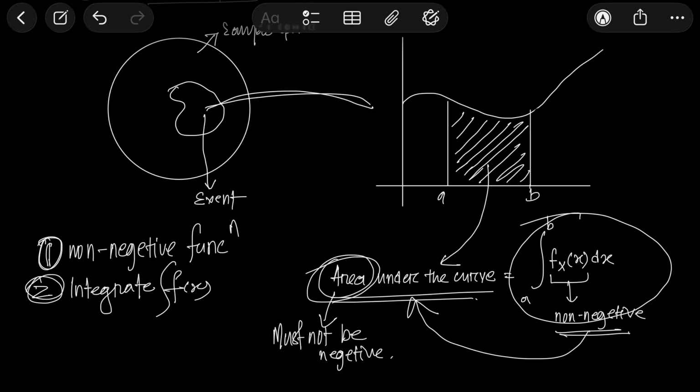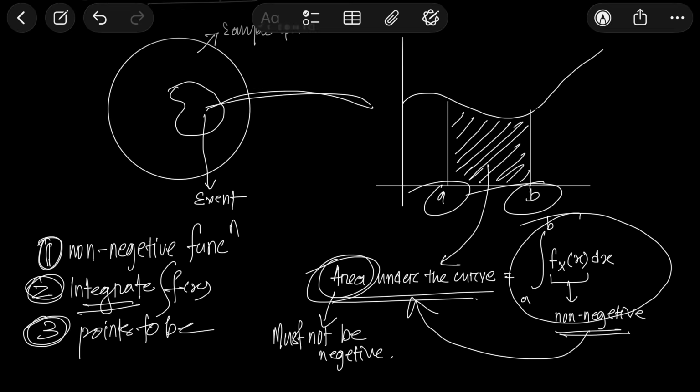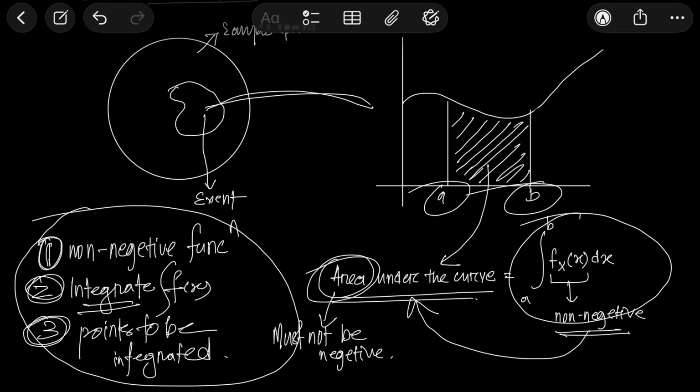The third point is that you must know from which point to which point you will integrate, the limits of integration. Okay, these are the 3 points.